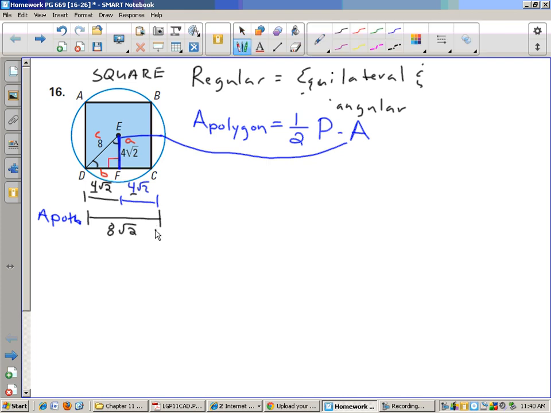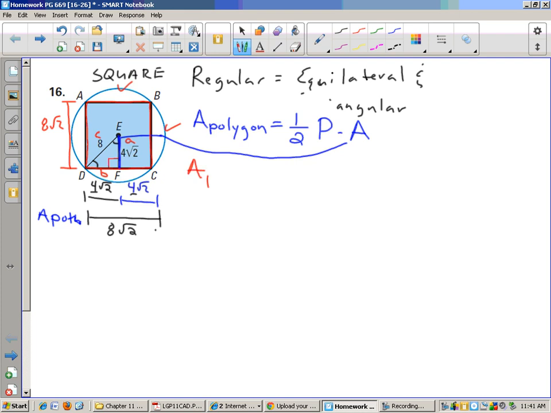What's the perimeter? Yeah, perimeter is going to be the distance all the way around that shape. So we're going to do 8 root 2 plus 8 root 2 plus 8 root 2 plus 8 root 2. So that's going to be 32 root 2's, right? So let's add that together.